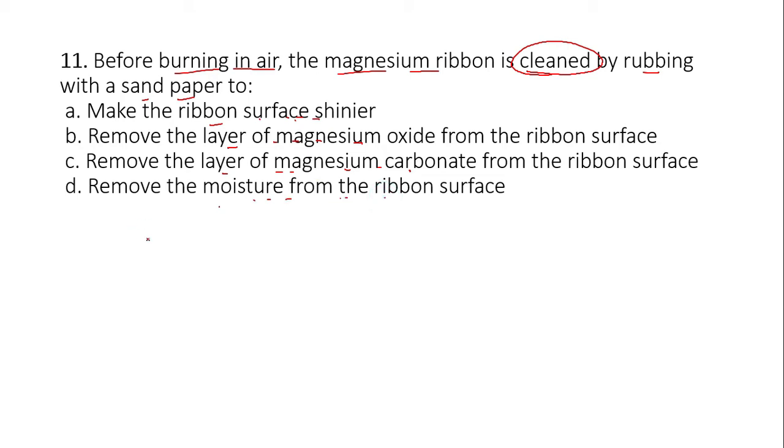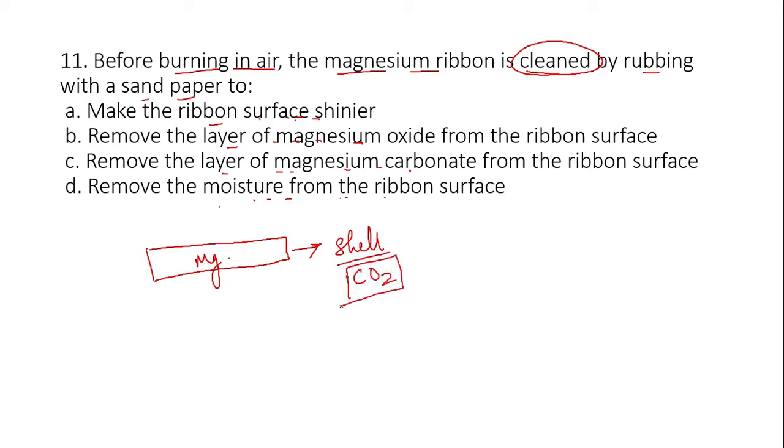See, in the theory session I have already explained to you that this magnesium ribbon is kept either in a shell or in the outer area. So what happens in the outer area? There is carbon dioxide gas present, right?